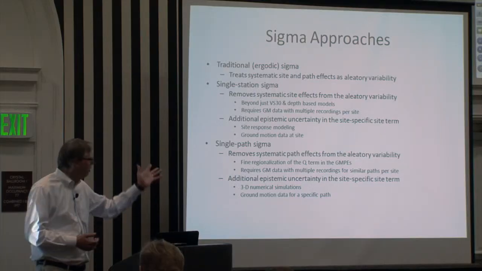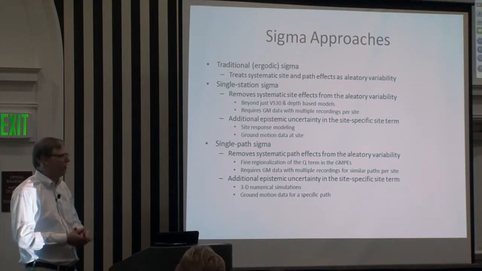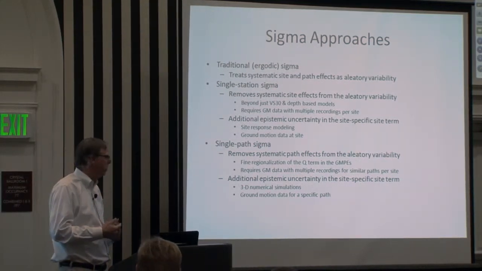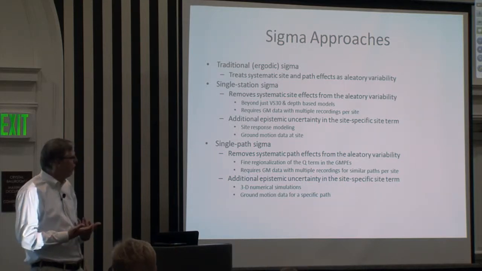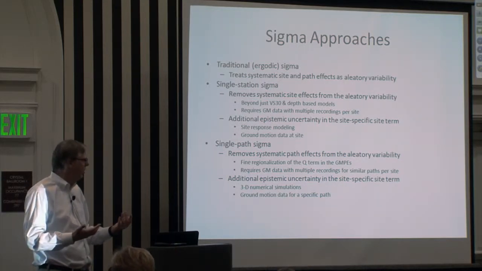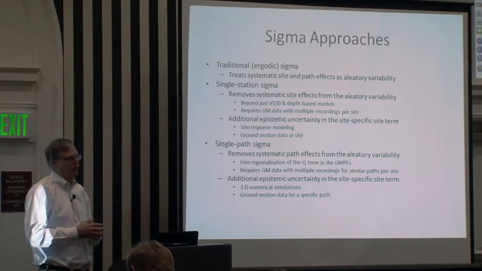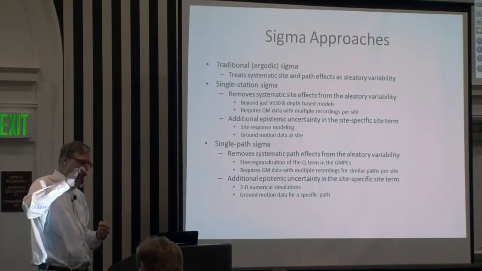Okay, so that lets us do refining of that. So really this is like very fine regionalization of the Q terms, if you want to think of it that way, but it's also of the geometrical spreading. So this requires that we have ground motion data from multiple recordings at our site with similar paths. So multiple earthquakes in one area recorded at my site.